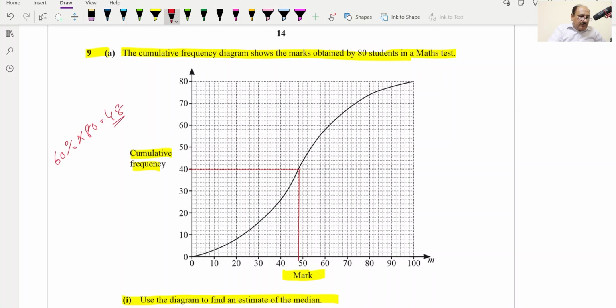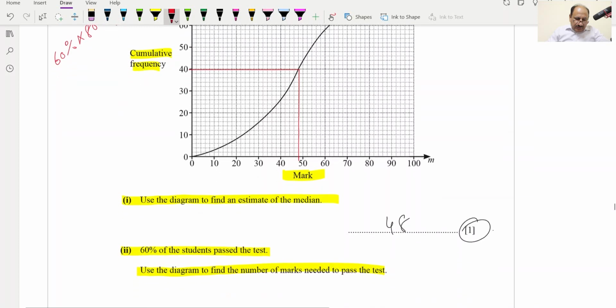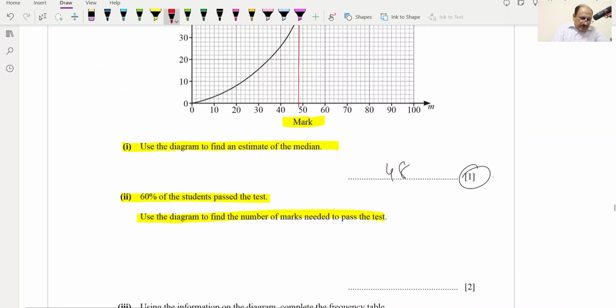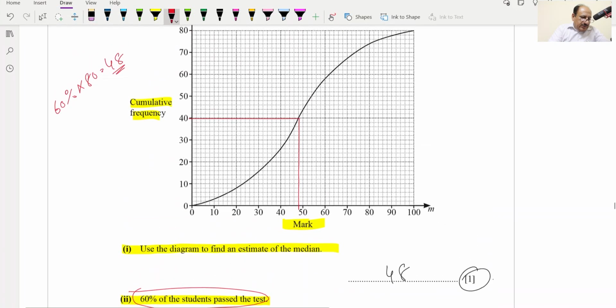So 48 out of 80 will be passing, since 60% of the students passed the test. So 80 minus 48 will be equal to 32.